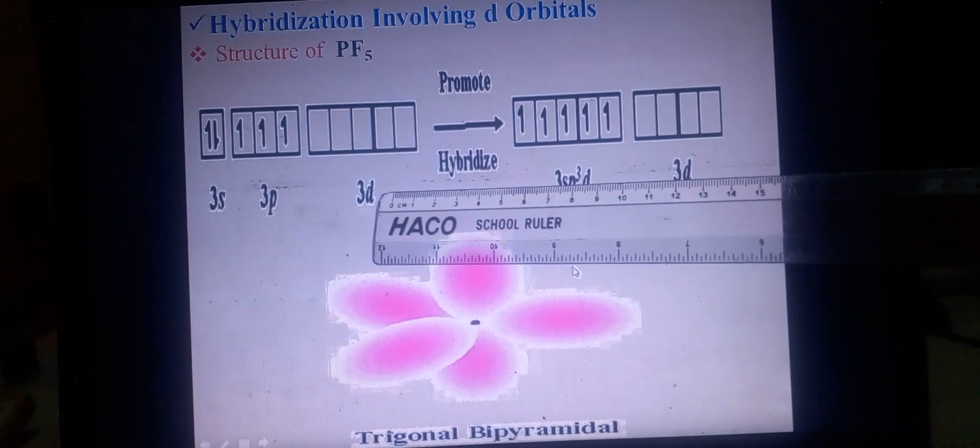You can see 3s has 2 electrons, then 3p has 3 unpaired electrons. So we need to promote 1 electron from 3s to 3d, so that we have 5 unpaired electrons.